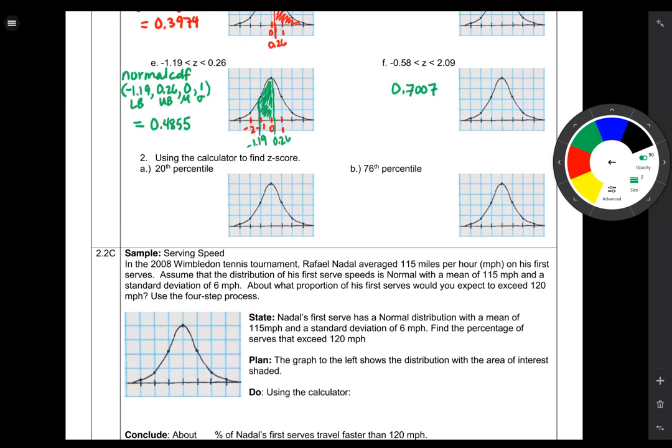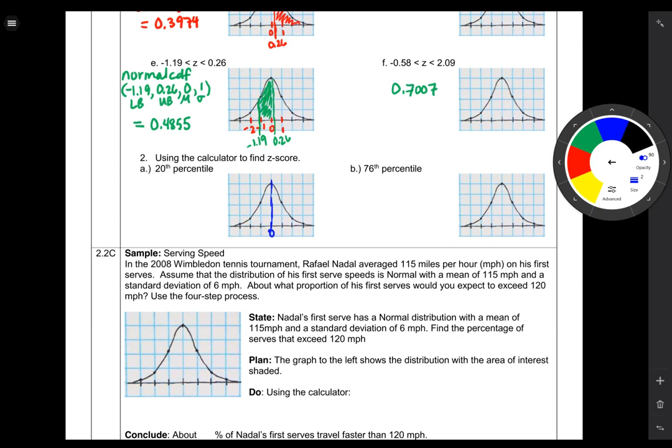Using the calculator to find z-score. So this is where we use the other function called inverse norm. So first thing we want to do is sketch. So this is 0. And we are looking at 20% below. So remember, guys, this line right here means you have 50% to the left and 50% to the right.